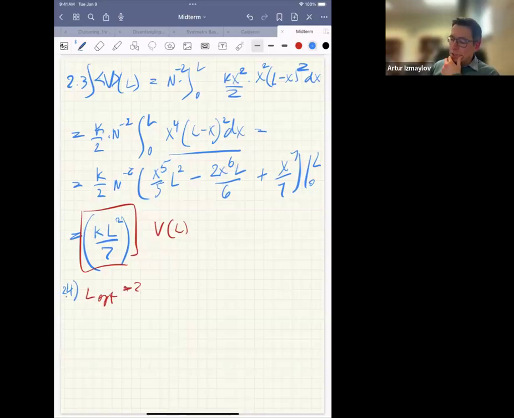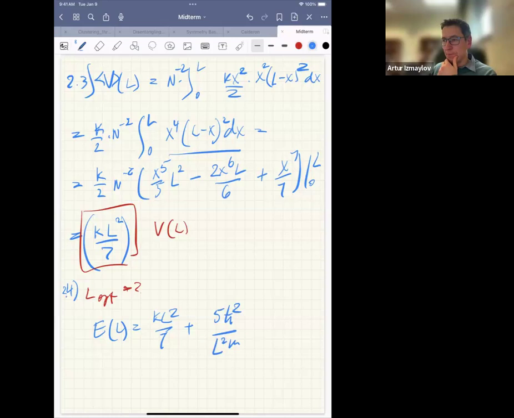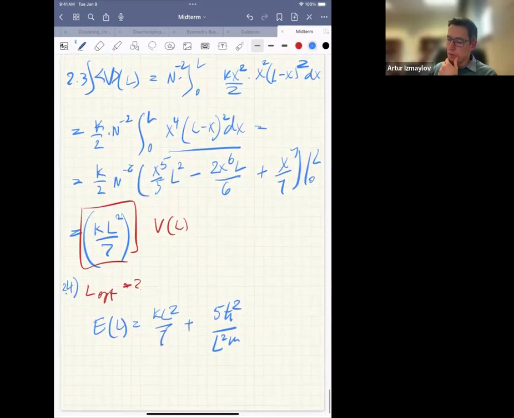And how do we obtain it? We first do the E as a function of L, which is kL squared divided by 7 plus 5 h bar squared divided by L squared m. Right, so that's our function. And clearly this part wants the L to be smaller, this part wants L to be larger.